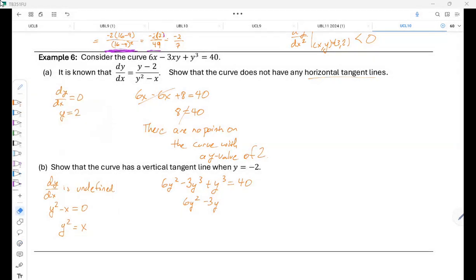Oops, wrong button. And now when I plug that -2 in, I think this is going to give me 40. So we've got 6 times 4 minus 2 times -8 equals 40. And we end up with 24 plus 16.